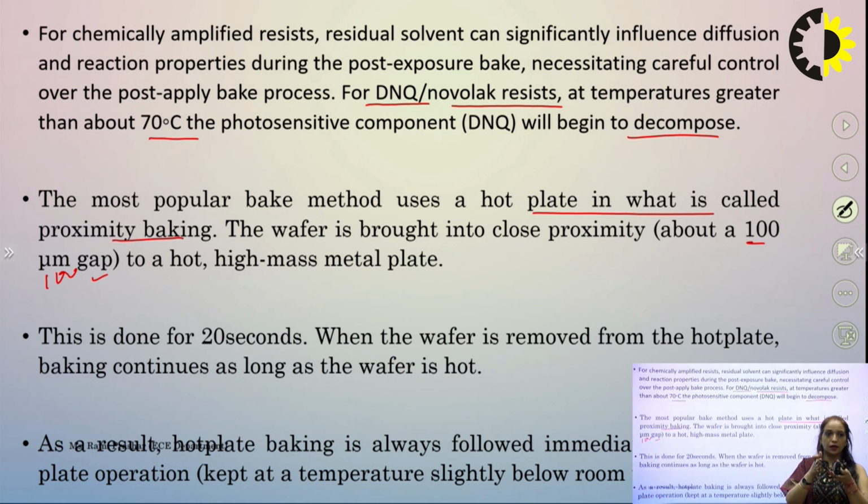They come in proximity with a distance of 100 micrometers, and this process is done only for 20 seconds. Then the wafer is removed from the hot plate, and baking continues as long as the wafer is hot. After that, the plate is allowed to cool, and it is kept slightly below room temperature.